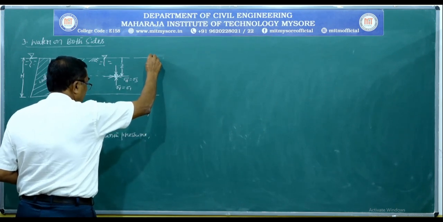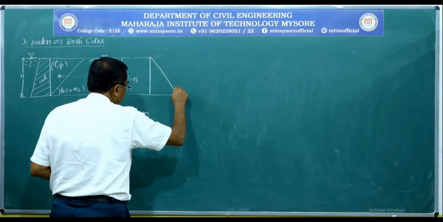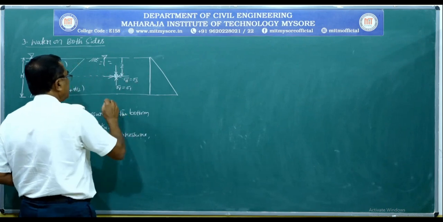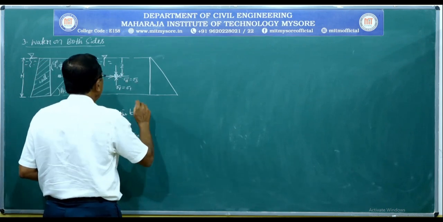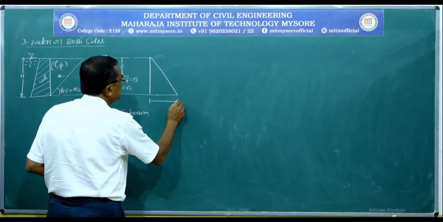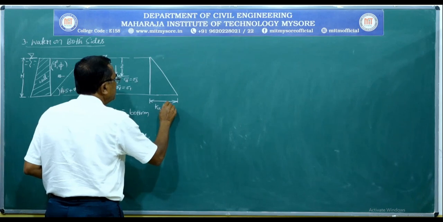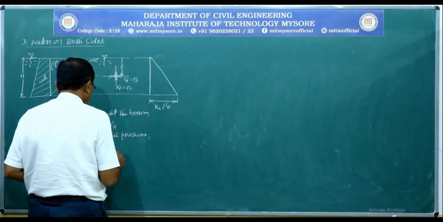As usual, the pressure is 0 at the surface, as there is no extra load acting on the ground surface of the wall. So, the magnitude of earth pressure at the base is equal to Ka into gamma dash into H.